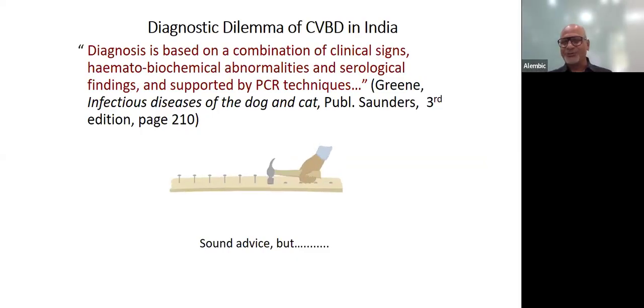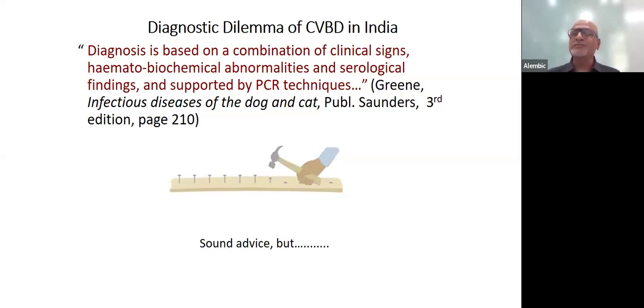Now, when I was contemplating this particular compilation and going through the literature, I came across this wonderful sentence in one of the books, that diagnosis is based on clinical signs, biochemical abnormalities, and serological findings supported by PCR. This is the reference.